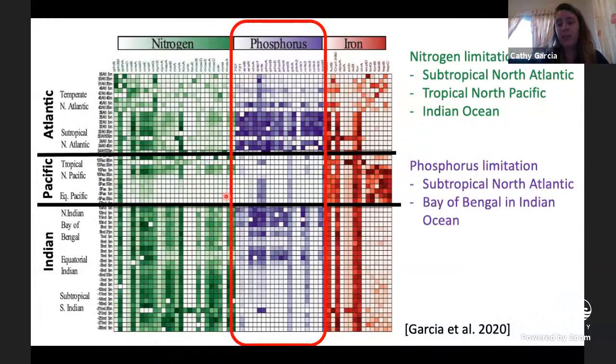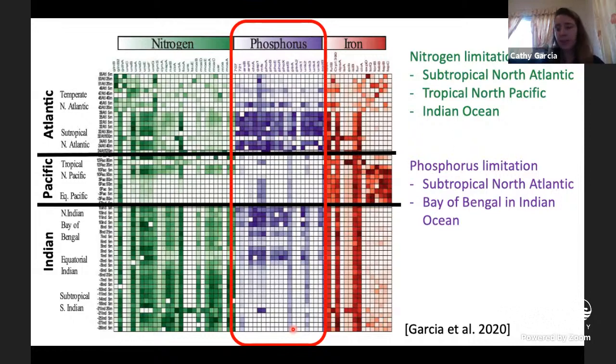When we go to phosphorus limitation, we see, supporting a lot of work in the literature, evidence for phosphorus limitation in the subtropical North Atlantic. So we're seeing both nitrogen and phosphorus stress in the subtropical North Atlantic stations. We're not seeing any evidence for phosphorus limitation for the most part in that Pacific transect, but we are seeing it in that Bay of Bengal area. If you remember, I showed you that transect where we saw an increase in surface phosphate into the subtropical South Indian gyre, but a deepening of the nutricline.